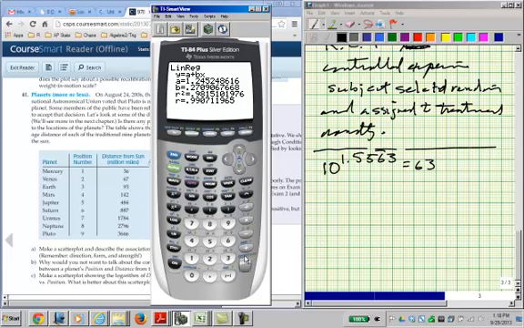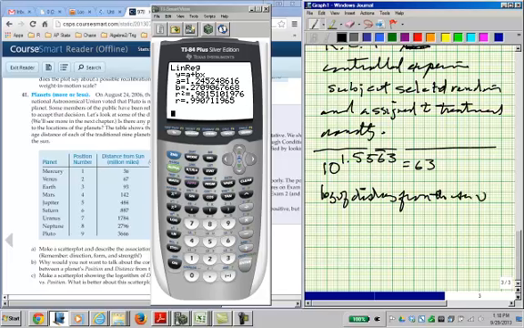So now, this is planet position. This is the log of distance from the sun versus planet position, in millions of miles.